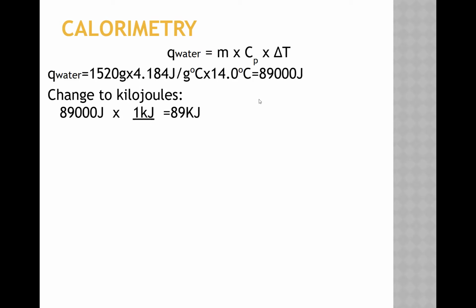Here, though, I changed it to kilojoules instead of leaving it at joules because that's an awfully big number. Either one is fine, but if you're going to change joules to kilojoules, it's the same process as we did with grams and kilograms. You put what you want on top, what you want to get rid of on the bottom. The joules cancel out.